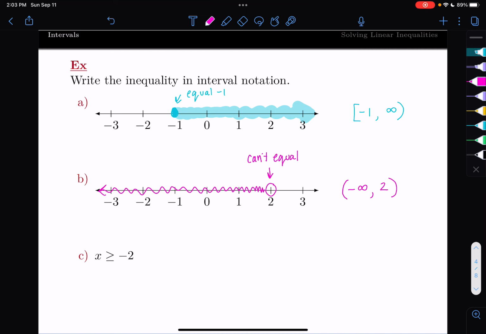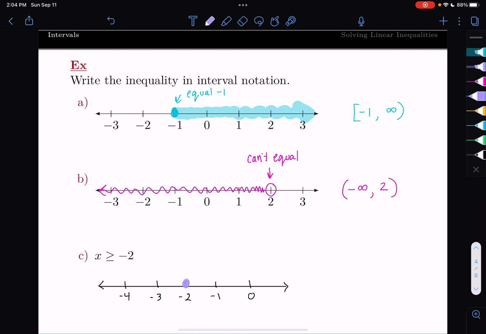And then for our last example, we're given an actual inequality, so I have x can be greater than or equal to -2. So in here, it might be easier to actually plot this on a number line first. So we'll go ahead and put some of our important numbers. -2 is the most important. So we'll go to the left a couple numbers and to the right a couple numbers. And so what this tells me is I can pick all values of x that are greater than or equal to -2.